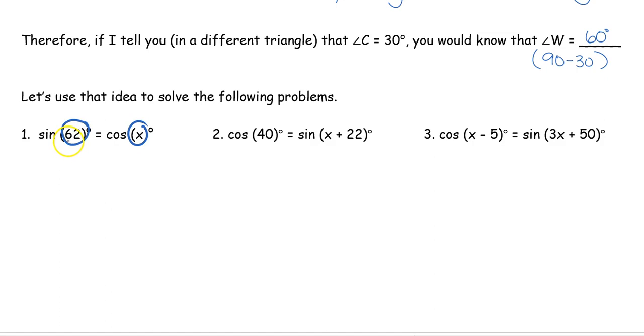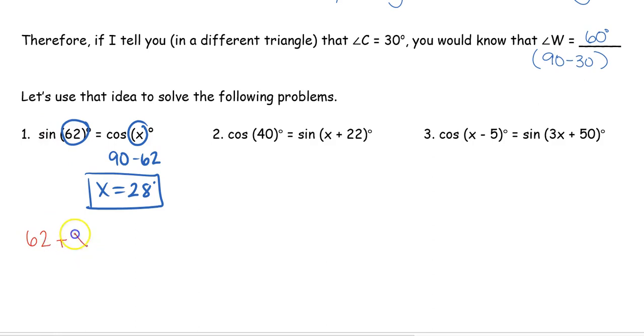So if this is 62, then this has to be 90 minus 62, so x has to be 28 degrees. Another way you can look at this is 62 plus x has to be equal to 90. So you can also set up a different equation, and then we move that 62 over, and we find the same answer, that x is going to be 28 degrees.